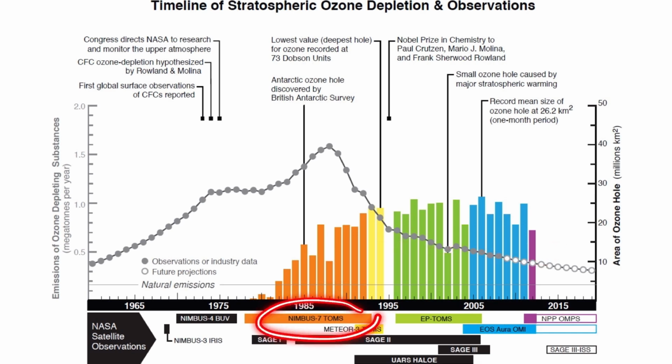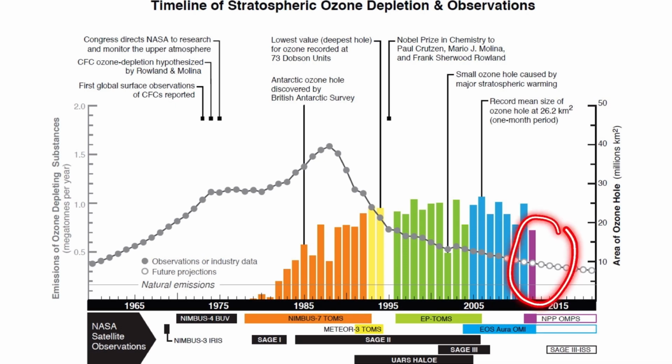So here we have Nimbus 7 TOMS, EP TOMS, and then here is EOS Aura, and then Meteor TOMS. So what are these? These are actually different satellite based measurements or programs of NASA that have used different types of instruments in order to measure the ozone level in the atmosphere.